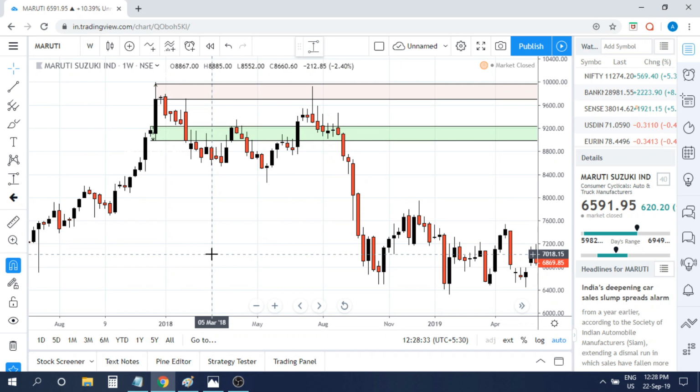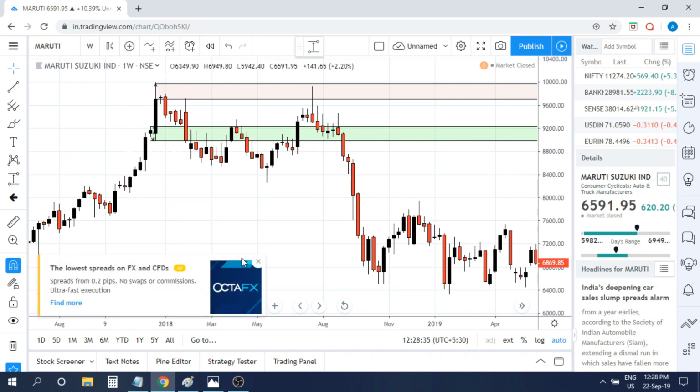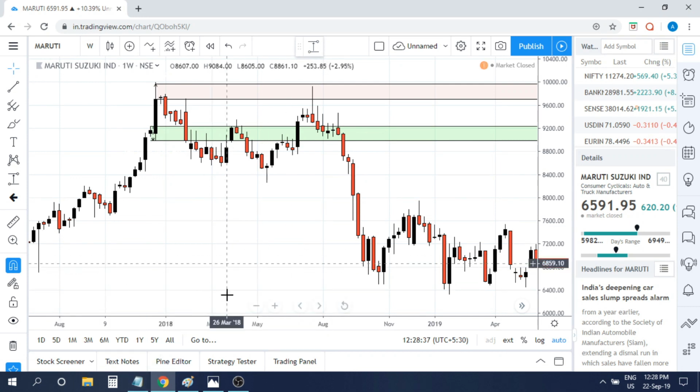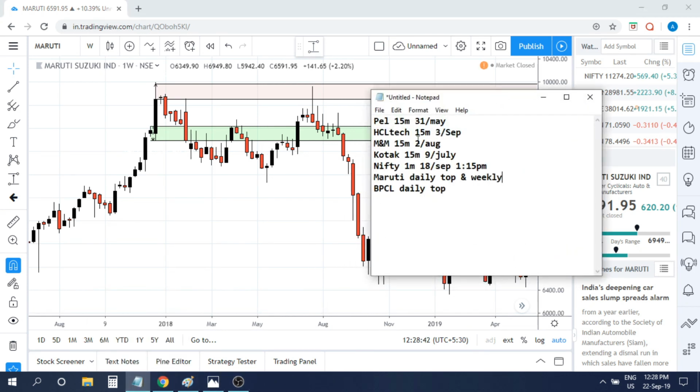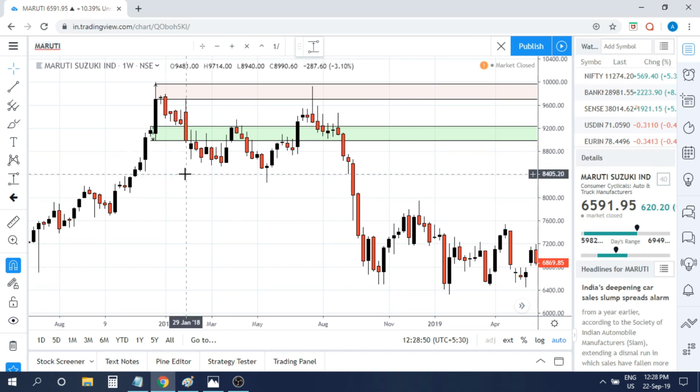So next, I'm going to show you on lower time frames how it works. Here I have lined up some examples for you. First, we're going to see PEL, Piramal Enterprises Limited.